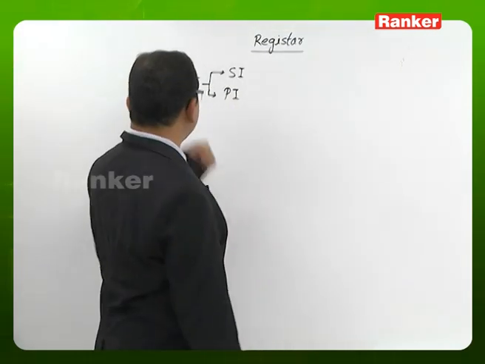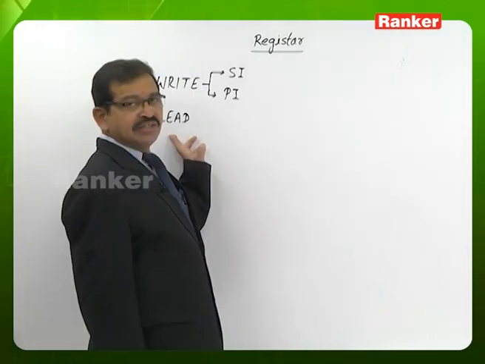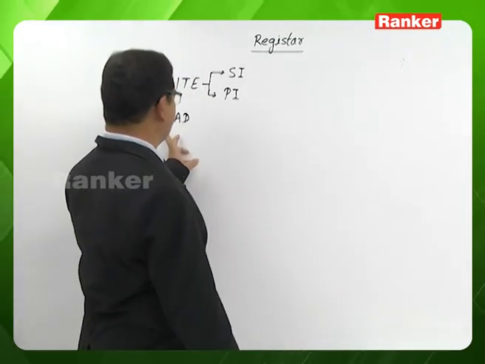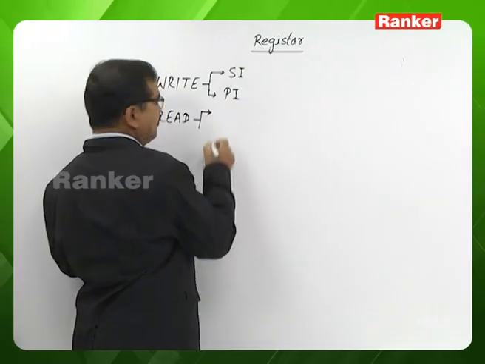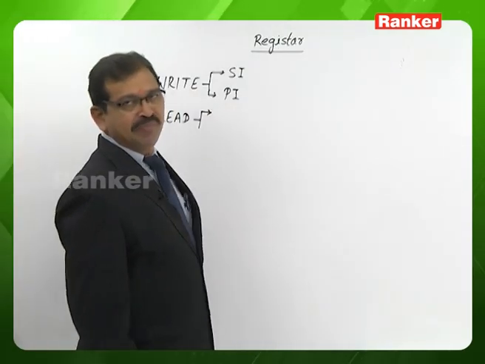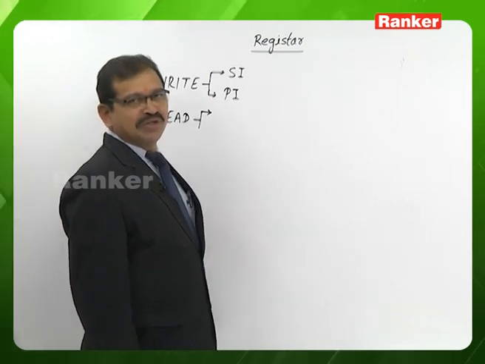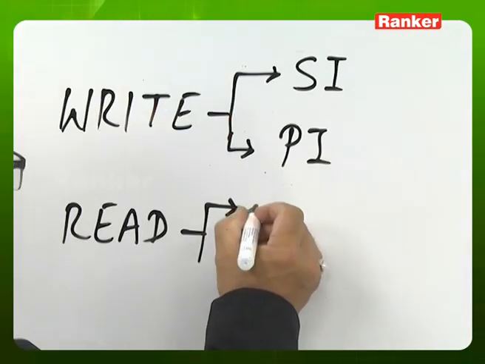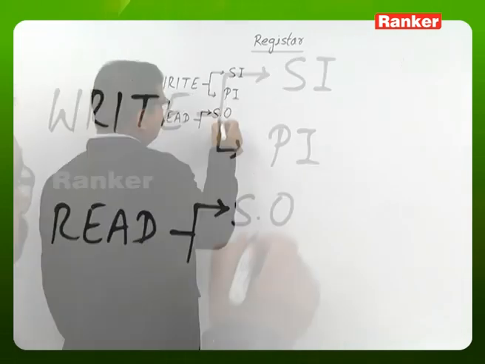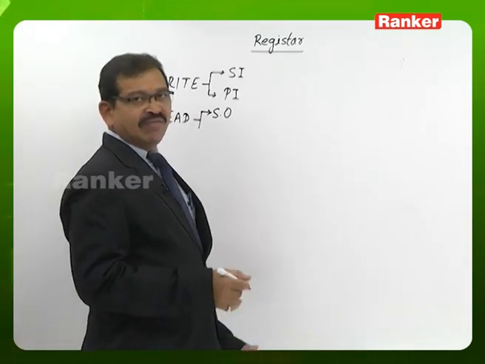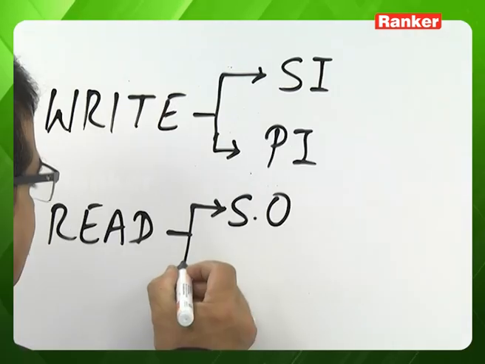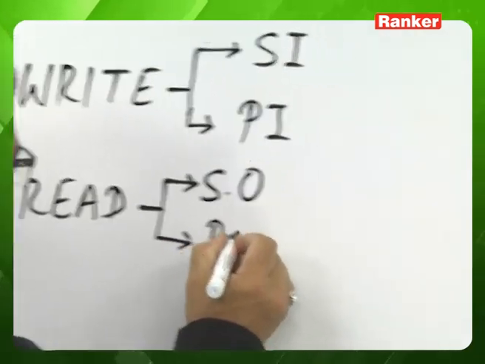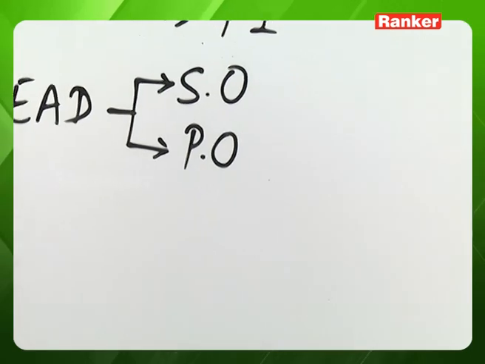Similar to this writing operation, when we are retrieving the data, that is, when we are reading the data from the device, it is possible to read the data maybe only one bit at a time. If we are reading only one bit at a time from the device, such an operation we name as serial output operation. If we are reading all the bits simultaneously from the device, such an operation we name as a parallel output operation.